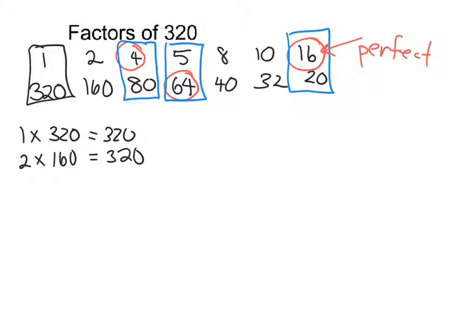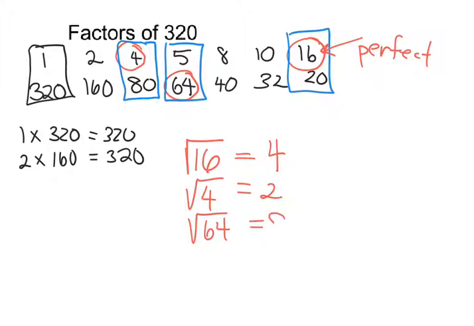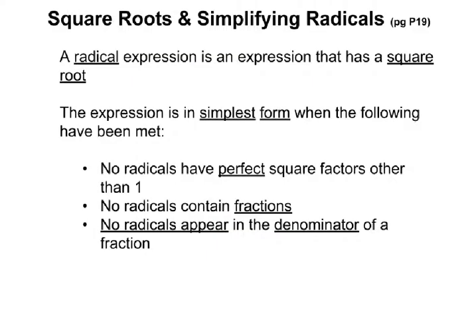Because our goal is to simplify the radicals, and we can only do that when a perfect square is inside that radical. So the square root of 16 is 4. The square root of 4 is 2. The square root of 64 is 8. Those are the numbers that help us simplify radicals.